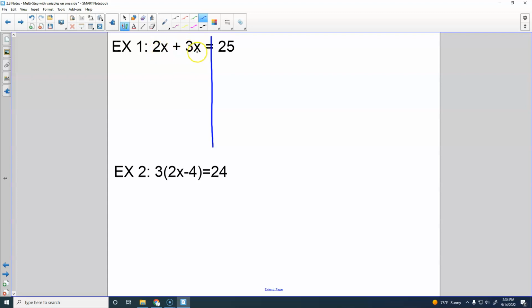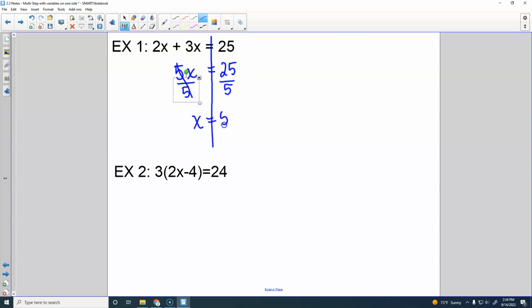We are going to combine these like terms. So 2x and 3x, we're just combining them. That is going to give us 5x. We bring everything else down. Okay? That brings us back to a one-step equation. We just need to divide 5 on both sides.